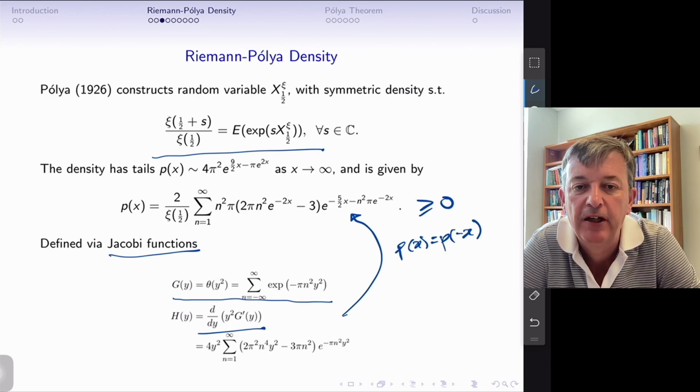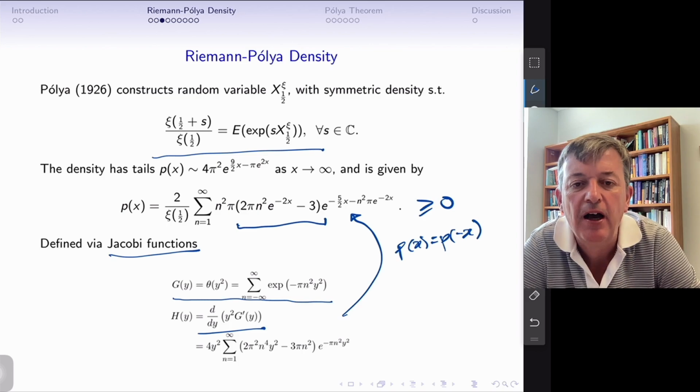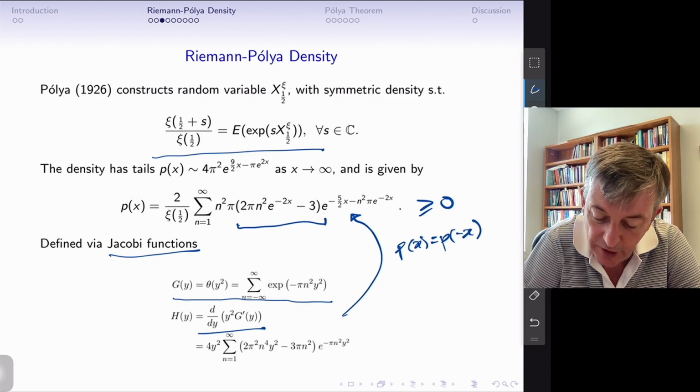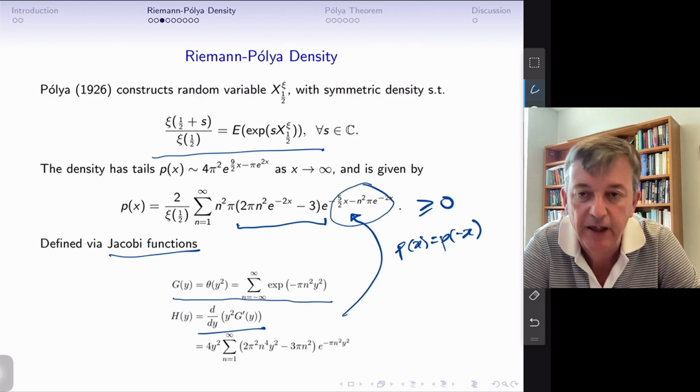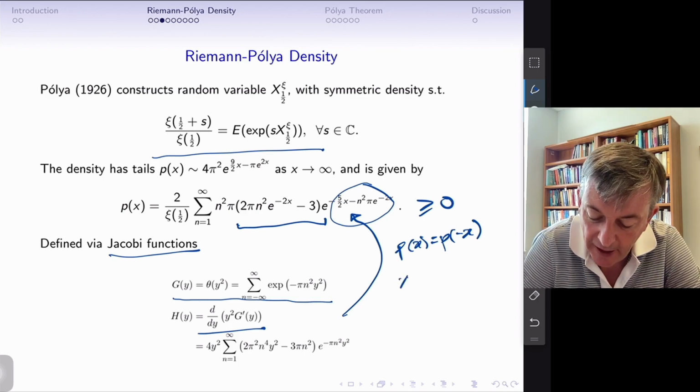And you can see that looking in density space is actually quite hard, right? It's a complicated looking density. This term here looks like something like a Gumbel or extreme value distribution. And actually, given symmetry, we can replace x by absolute value of x.